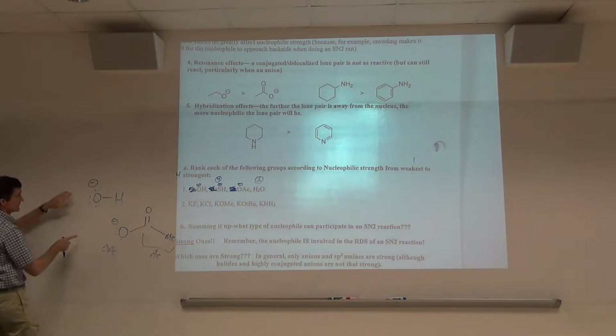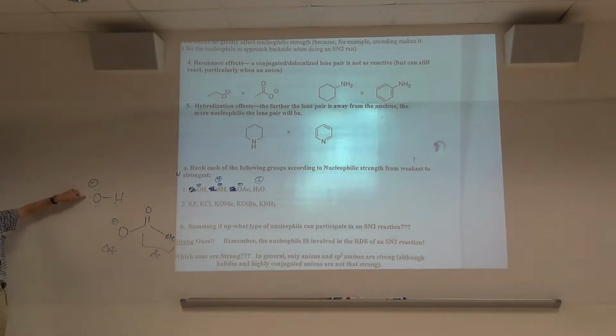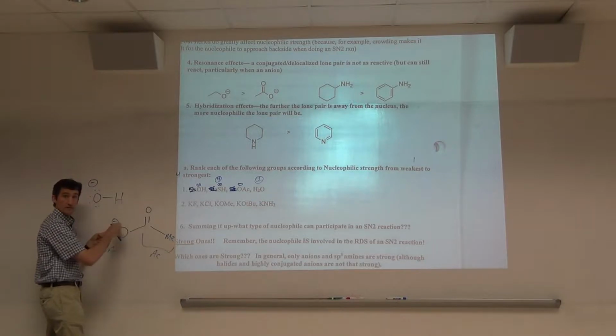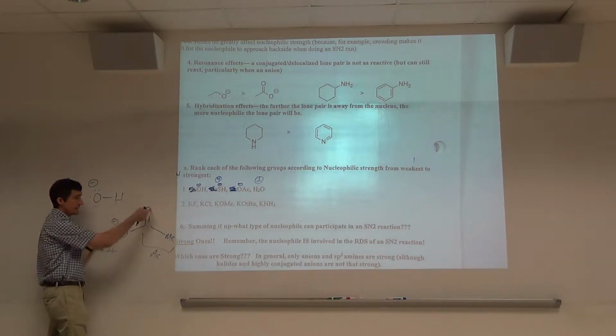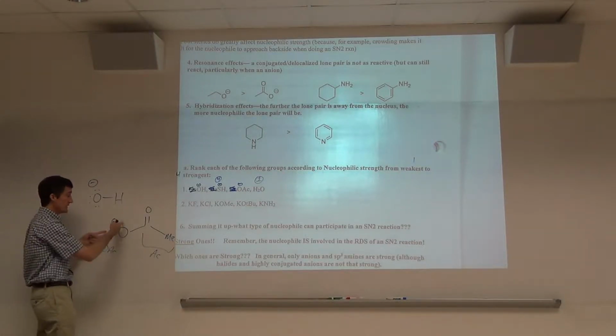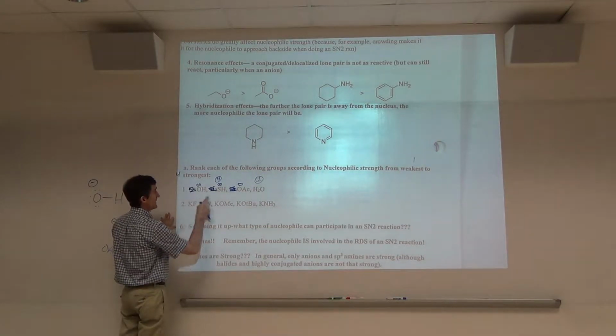Okay, which is the stronger nucleophile, top or bottom? Why? Because this we know is delocalized. This is resonance delocalized. We can put the minus on either oxygen. Resonance is going to make this a weaker nucleophile. So that's weaker than that.